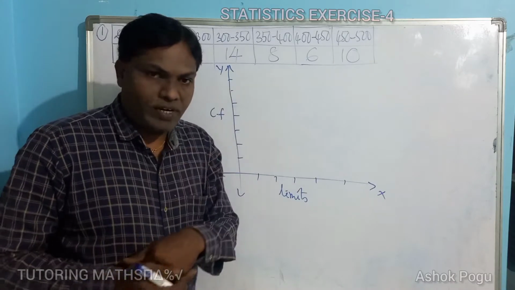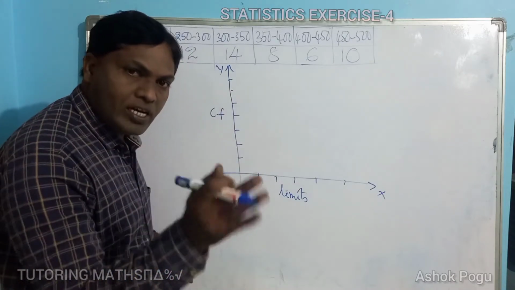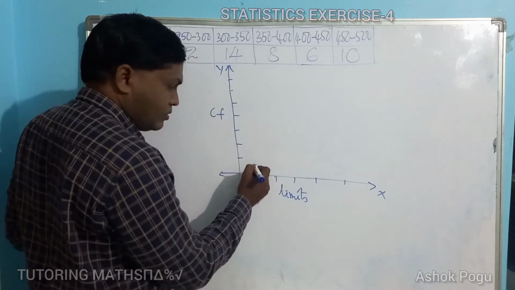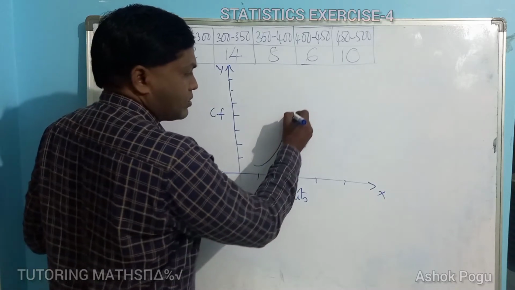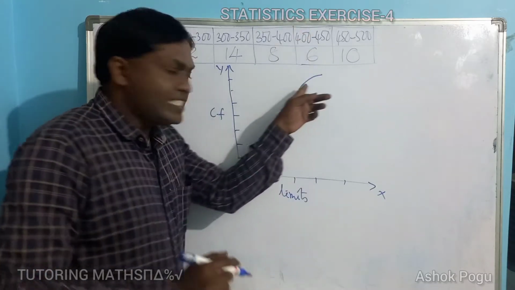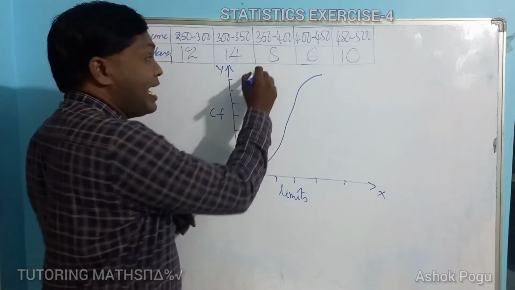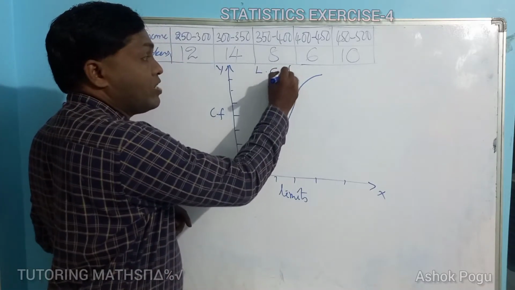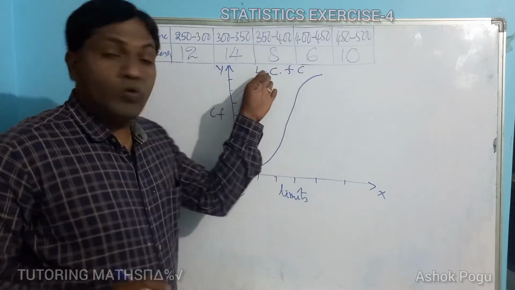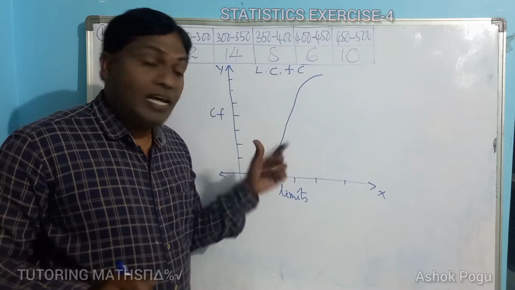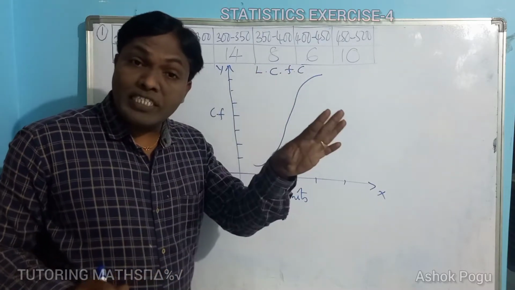You know that cumulative frequency, the curve will be like this. So this is the shape of the less than cumulative frequency curve.